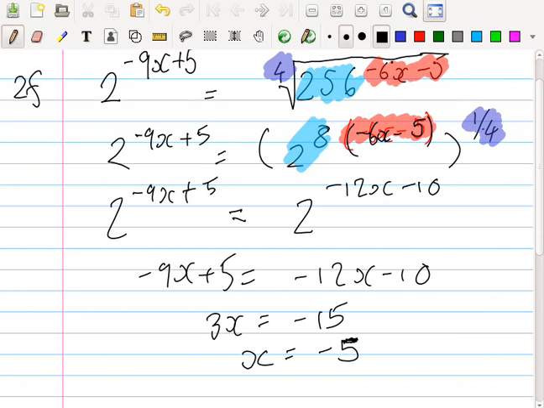What are they? 8, minus 6x minus 5, and a quarter. Multiplying the 3 gives me that new power. Eight times a quarter times 6.